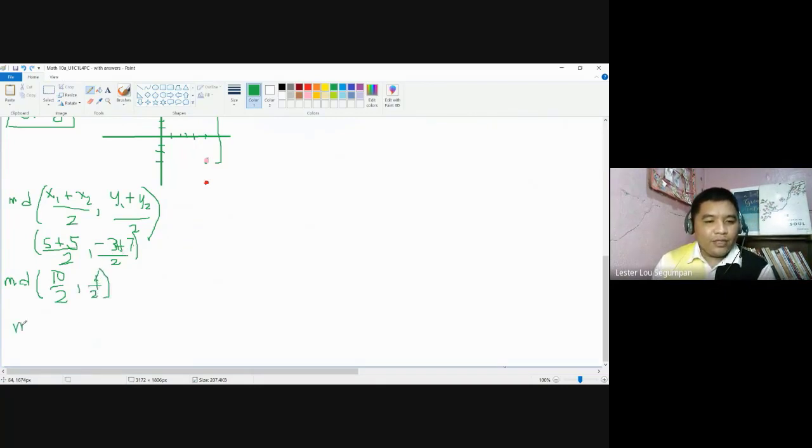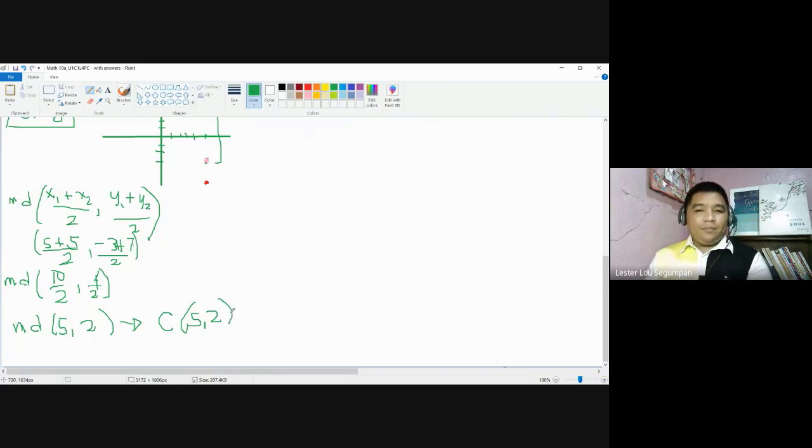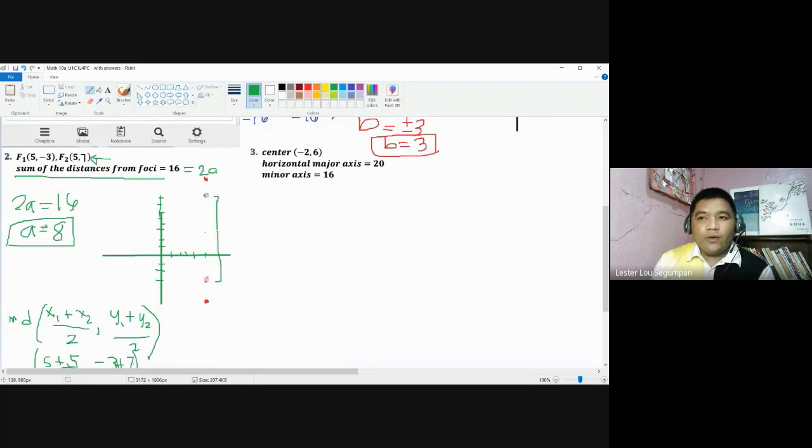So the midpoint between the two foci is at (5, 2). And this is also your center, (5, 2). Again, the midpoint of the two foci is actually your center. So you already have your center, you already have your a. What you need now is b.